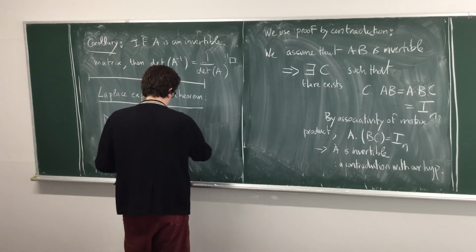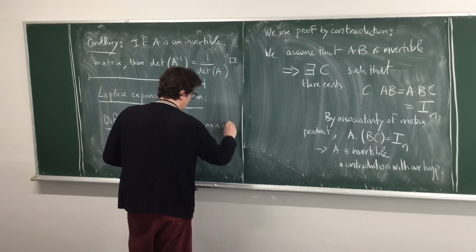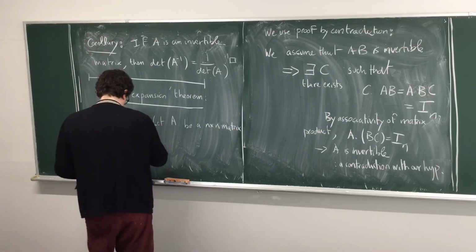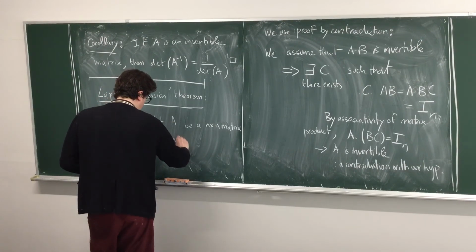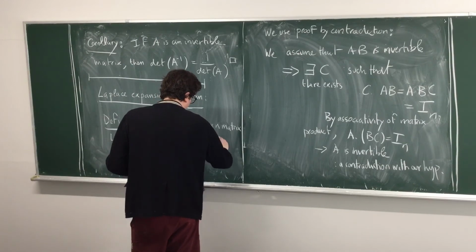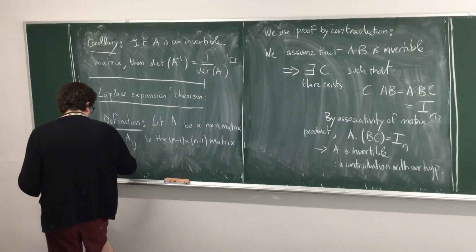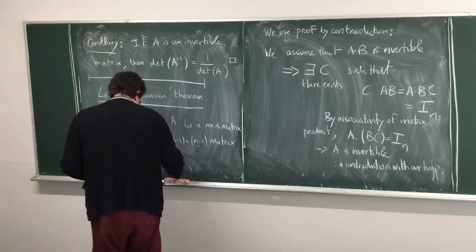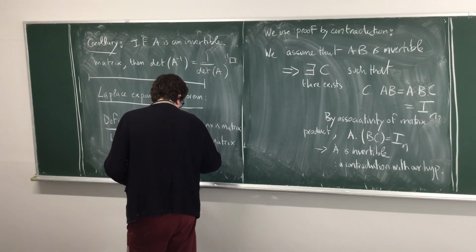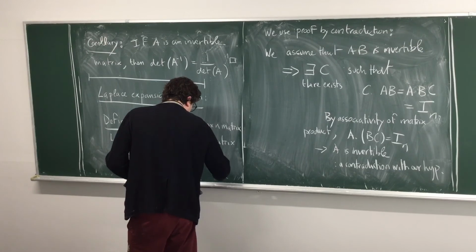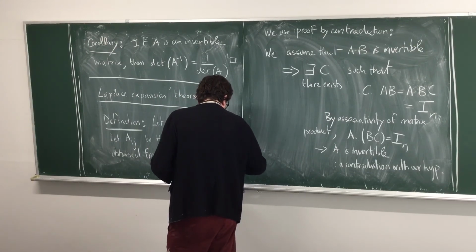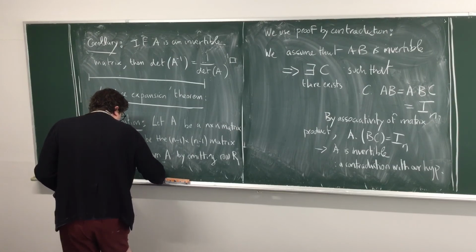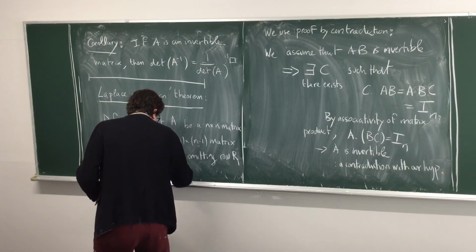Let A be an n times n matrix, and let Aij be the n minus 1 times n minus 1 matrix obtained from A by omitting row i and column j.